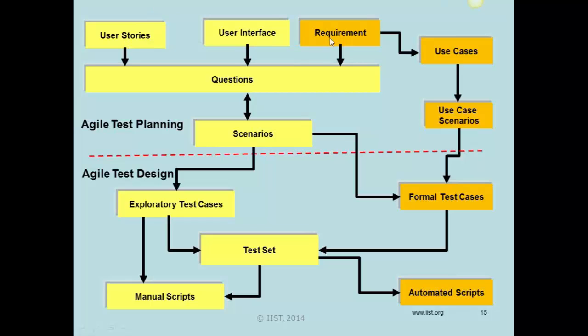If I used any one of those, I suggest that you take a scenario and do one of two things. If you have the time and your project is a bit more formal, then you start writing formal test cases. And I'll show you in a little bit what a formal test case means. This is not any different from the test cases you write in a non-agile project.